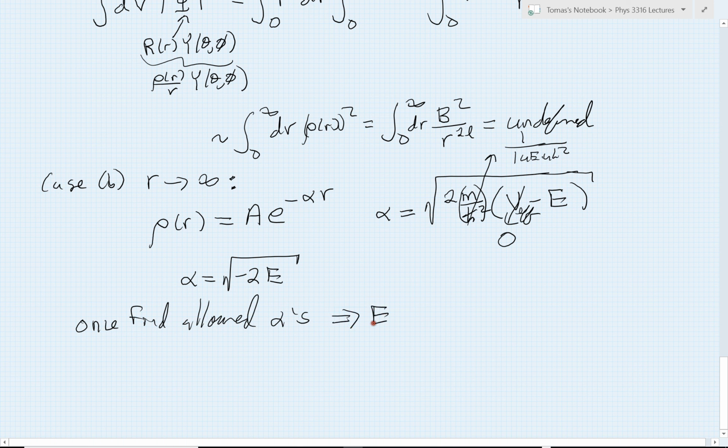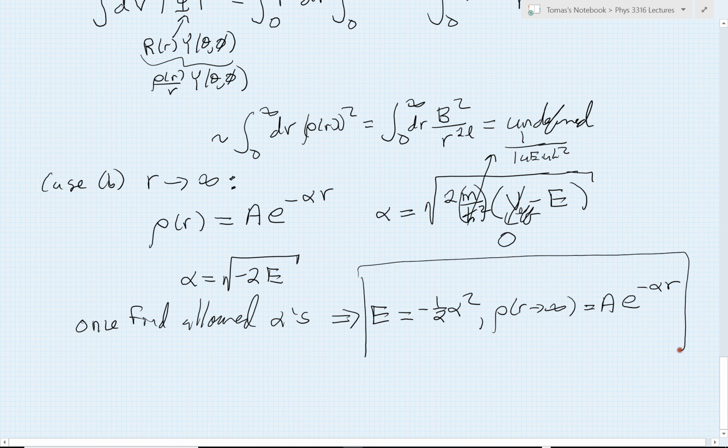The energy would just be alpha squared over minus 2, or minus 1/2 alpha squared. So if I write down the energy in that form, then rho, as r becomes large, will have the behavior of some normalization times e to the minus alpha r. And this tells you the second piece of our asymptotic analysis.